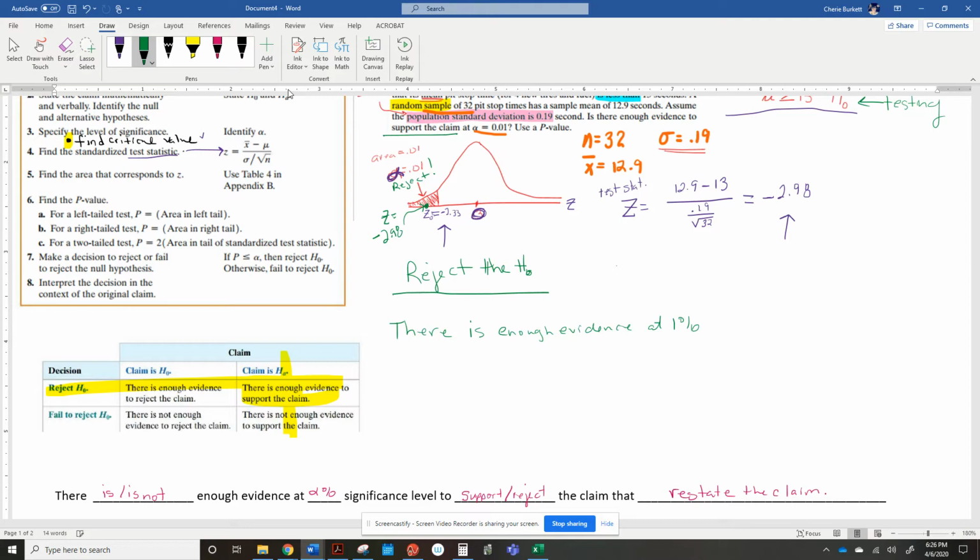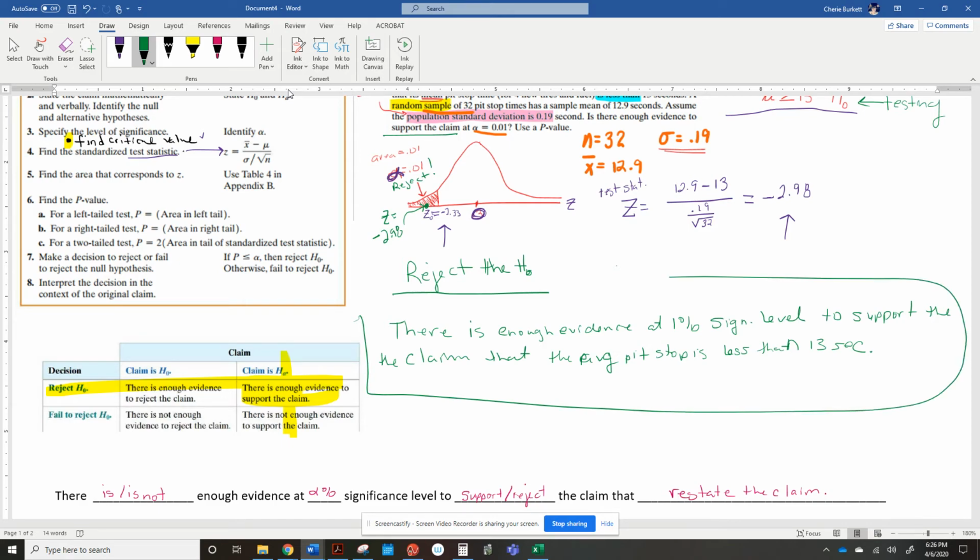There is enough evidence at 1% significance level to, they tell me, to support the claim that the average pit stop is less than 13 seconds. And that's the answer to your question.